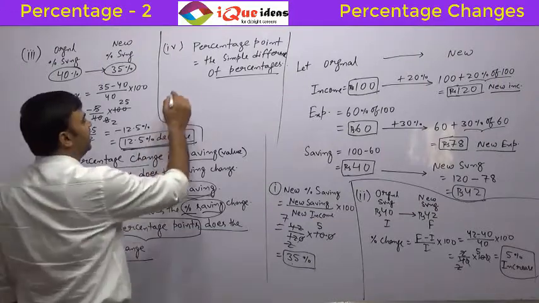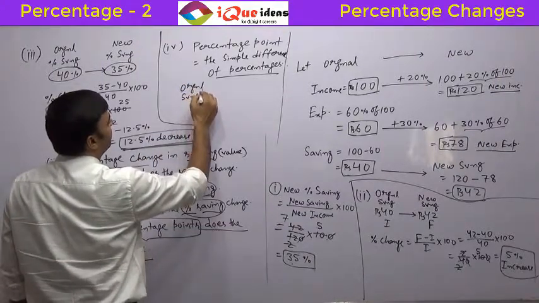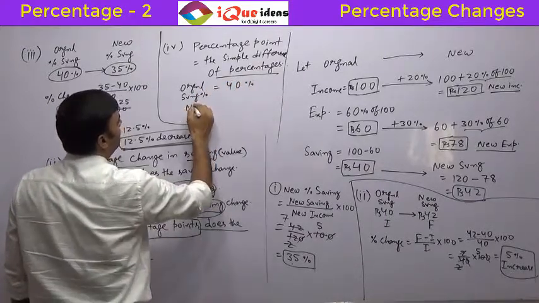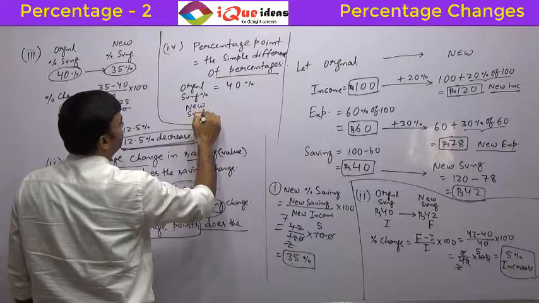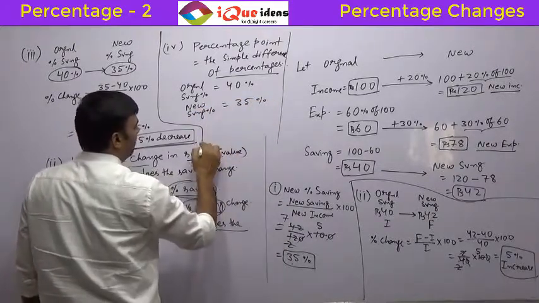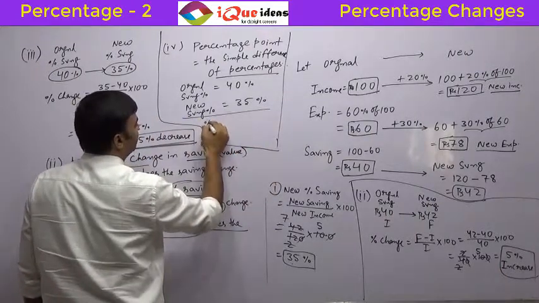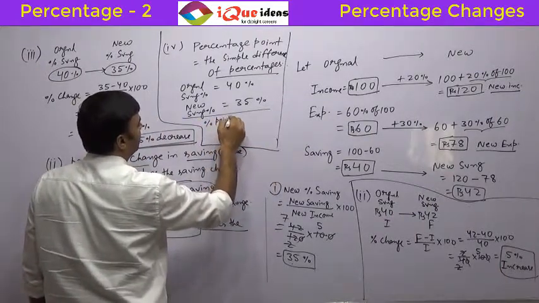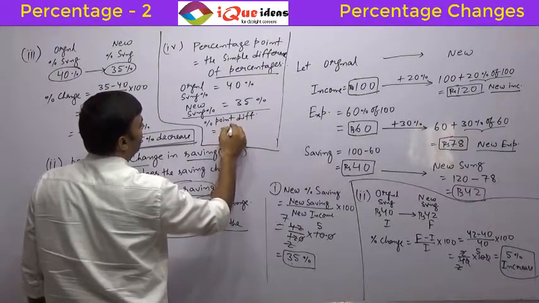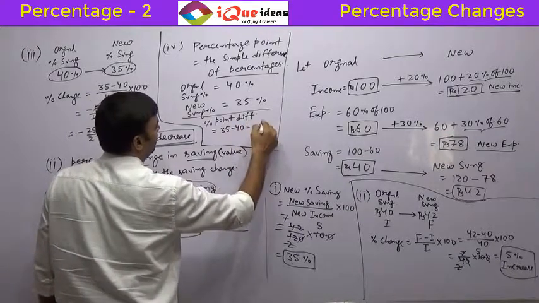Right? So original saving percentage is equal to 40%. New saving percentage is equal to 35%. So the answer of the fourth question would be, I'll simply write percentage point difference will be equal to 35 minus 40%, which is minus 5%.